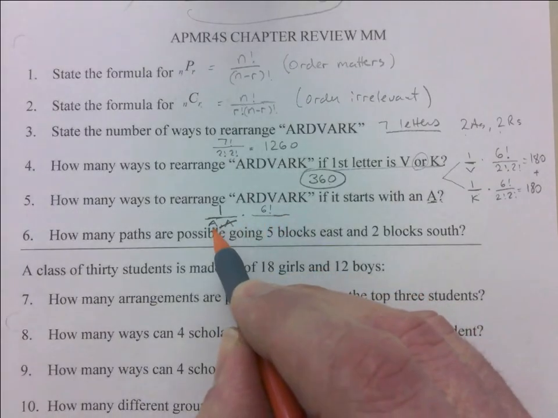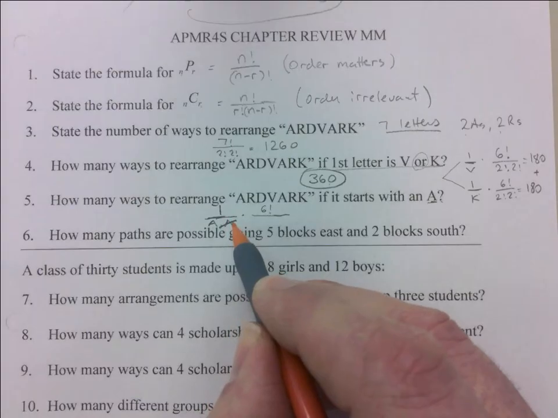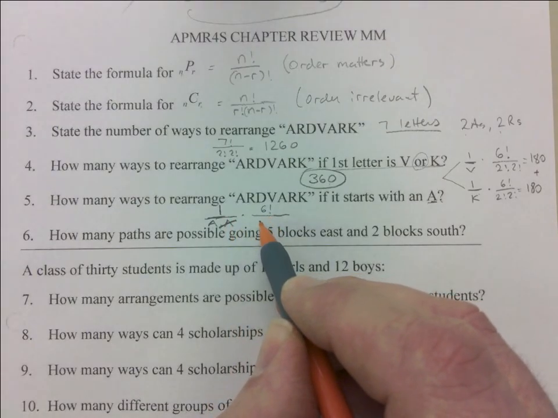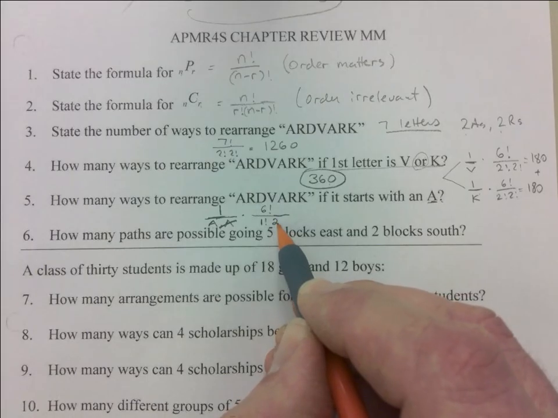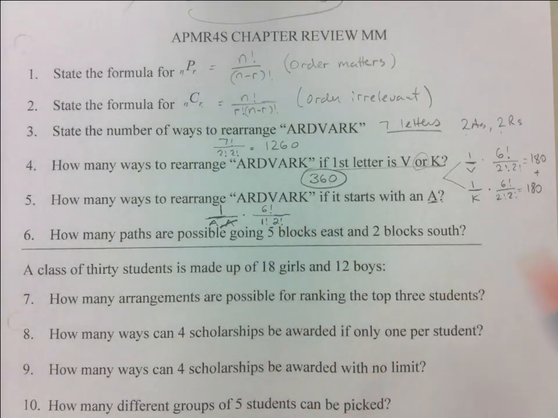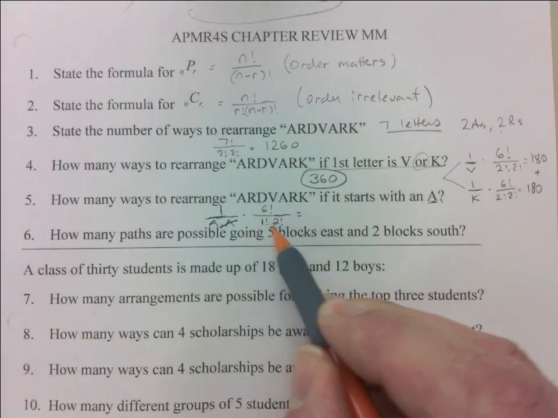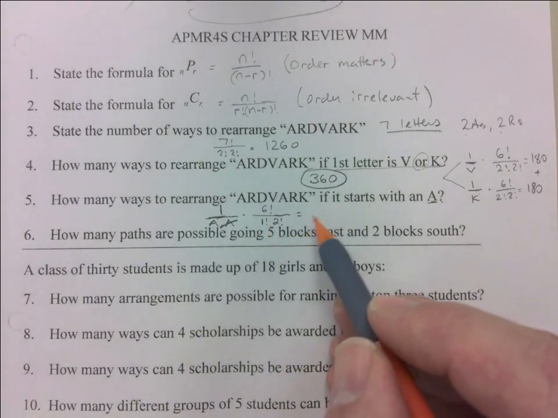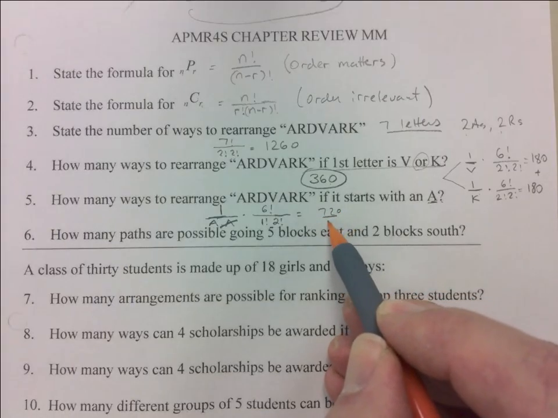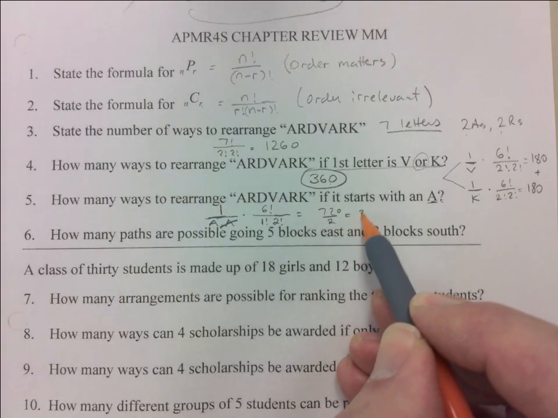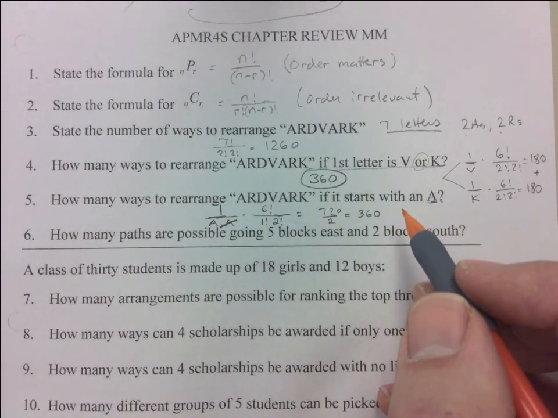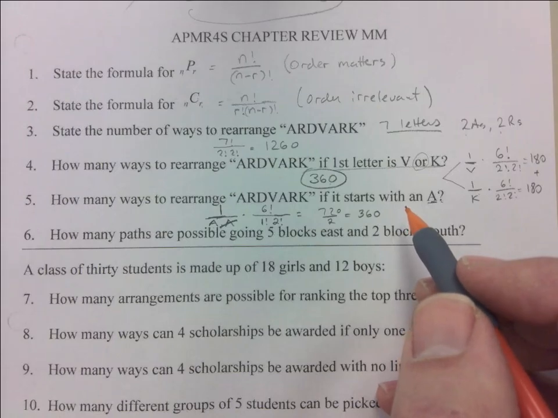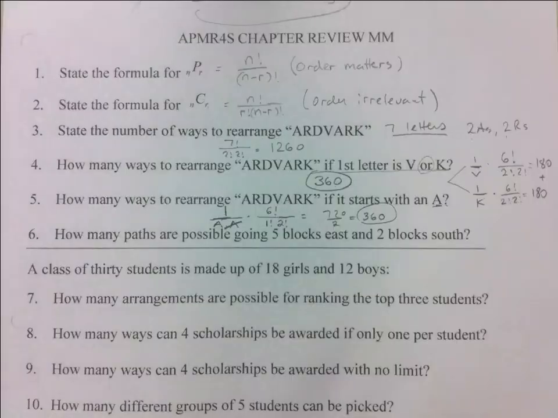You remove 1 A at a time, right? 6 are left. You used to have 2 A's, now you just have 1 factorial, 1 A is left, and the 2 R's are still in the mix, so it's 2 factorial like that. The 1 factorial is not really needed, but this is 720 divided by 2, which is 360. So you get 360 there as well.